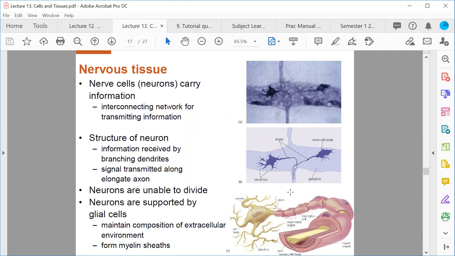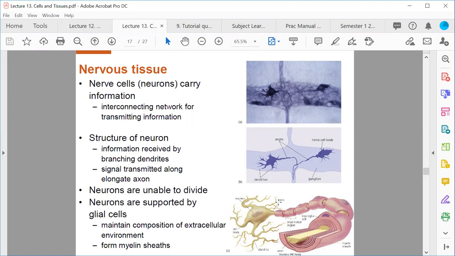All right, so let's look at the different parts of a nerve cell, a neuron. So this is the main part of the cell here, which is called the cell body. Then we have all these projections from the cell body, and those projections are referred to as dendrites. Then we have a very long projection from the cell body, and this is called the axon.